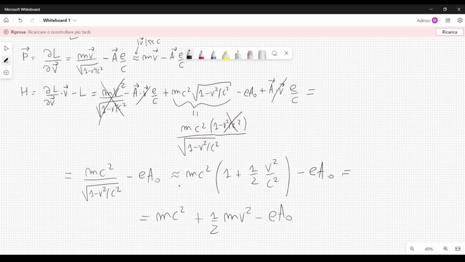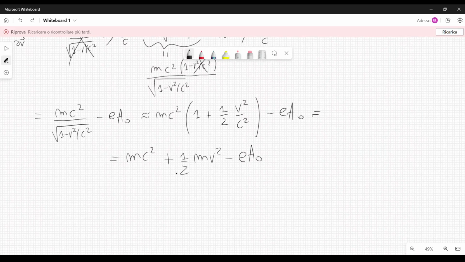And now you can see that this is the classical non-relativistic kinetic energy, and this is some kind of potential energy, the potential energy due to the conversion between mass and energy. So this mass here, the mass of the electron, can be converted to energy. So this is some kind of potential energy. And in classical physics, this term does not appear. So the classical non-relativistic Hamiltonian will be this part of the expression, right?